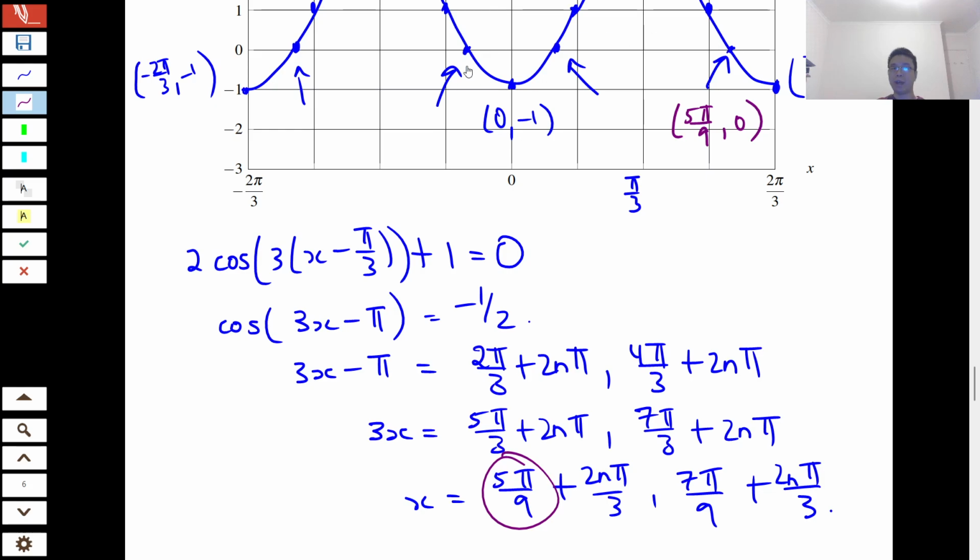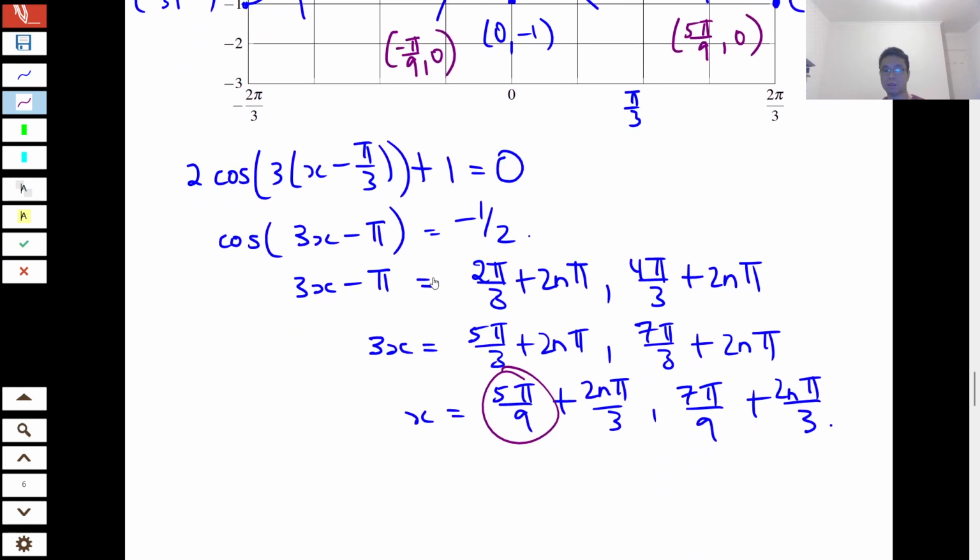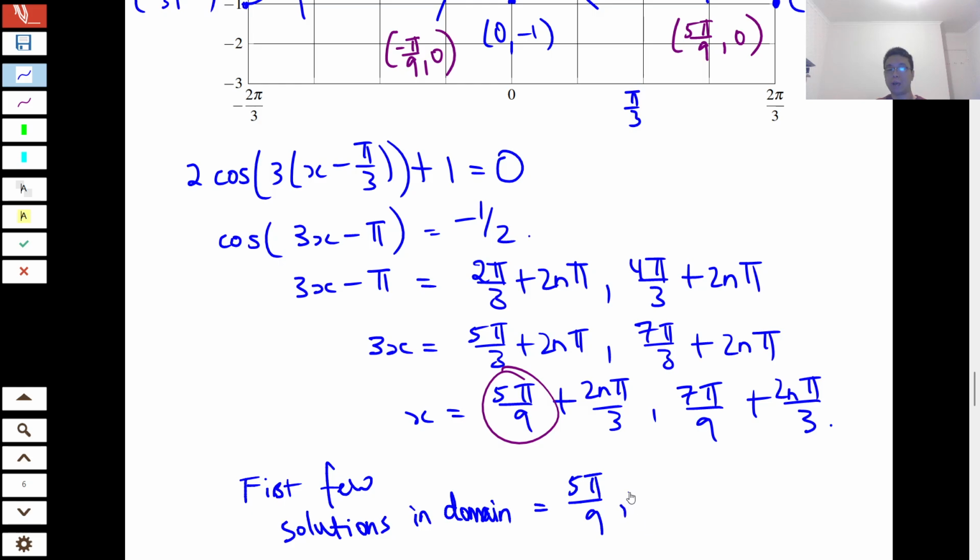And if I take away 2 pi on 3 to get from this point to this point, if I subtract 6 pi on 9, I get -pi on 9. Seven pi on 9 lies outside my domain, so I'll need to take away 6 pi on 9 twice.